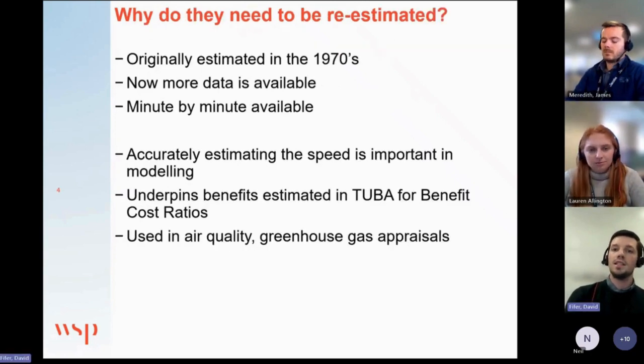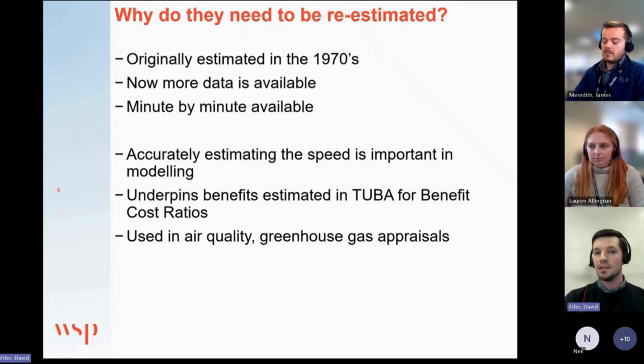So why do these need to be re-estimated? The TAG curves were originally estimated in the 1970s using data that was available. We've now obviously got a lot more data available, and also a much higher resolution of data.